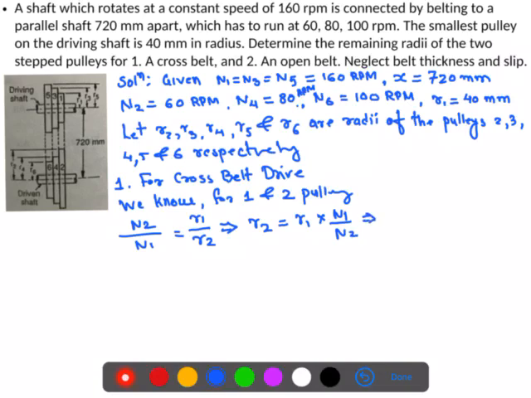This tends to R2 is equal to R1, how much? 40. R1 is 40 millimeter multiplied by N1, N1 is given, that is 160 rpm, divided by N2 is given, that is 60 rpm. And this turns out to be 106.7 millimeter.